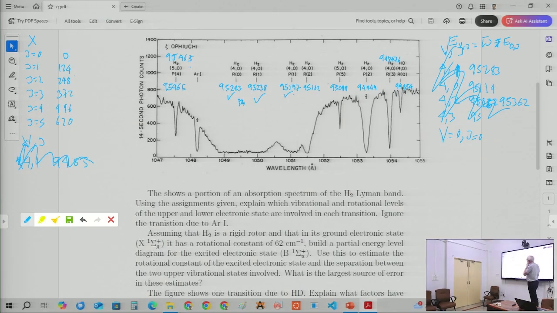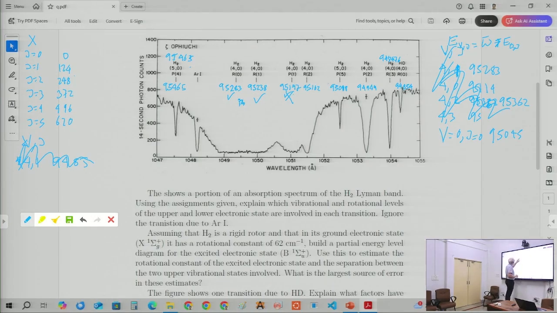Sorry, I'm confusing myself horribly here. To get J equals 0, we need P1. For that, we start at J equals 1 and go to J equals 0. We had to subtract 124 off this number, so that's 95045. Okay? So we've done that one.